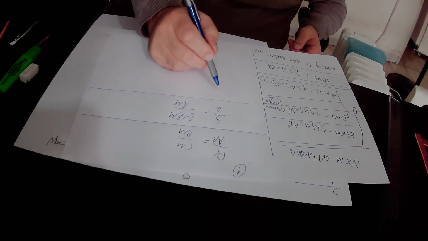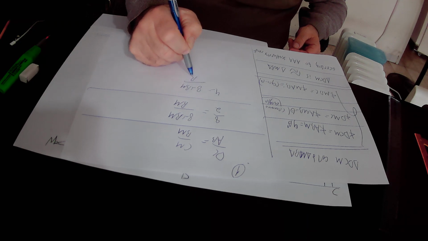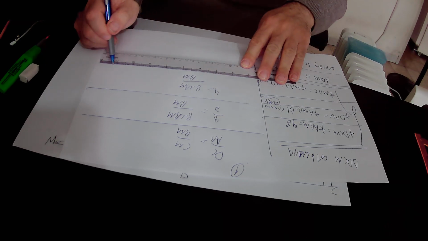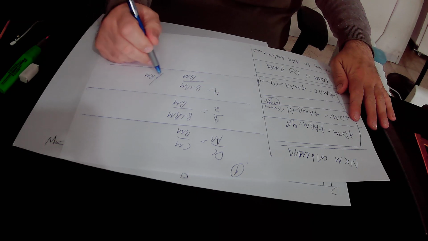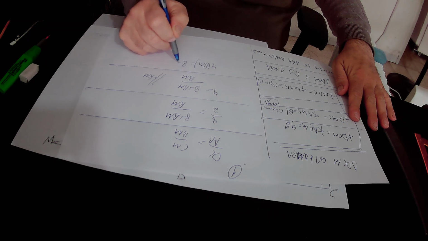8 over 2 is 4, so 4 equals 8 plus BM over BM. Here we multiply this equation by BM, and we get that 4 times BM equals 8 plus BM.